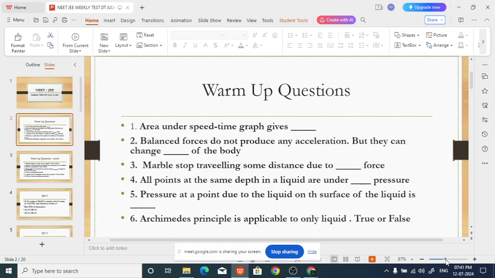On the x-axis you put speed and on the y-axis you put time, and you are drawing a graph. A body is moving, let us say. So the area under that will give what? Give some answer. Whatever you think is the answer, you can give. Let's see whether it's correct or not.